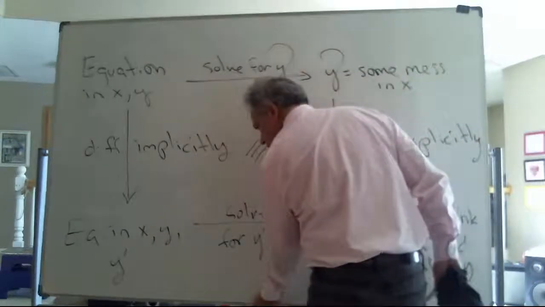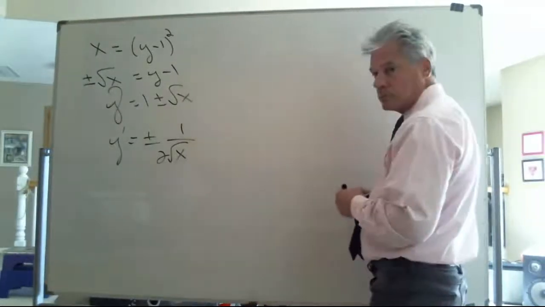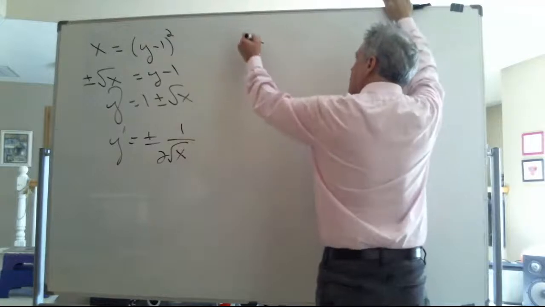That being the case, let me go back to my example and see if I can't come up with y prime in a slightly different fashion. So let me start off with the original relationship.